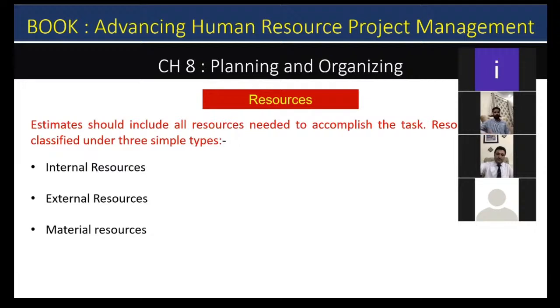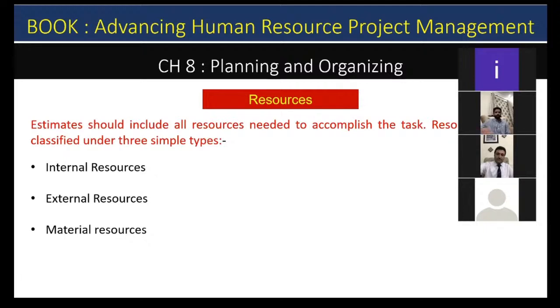So after the formation of the WBS and other formalities, we will come to the major part of the project that includes resources. We have to gain the resources for completion of our project. We will further classify the resources into three different forms: internal resources, external resources, and material resources.